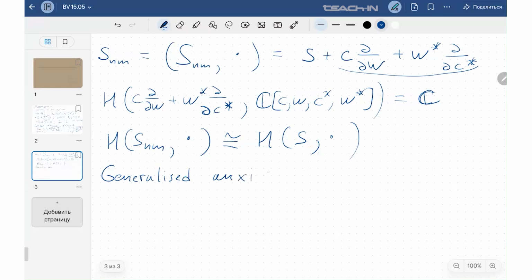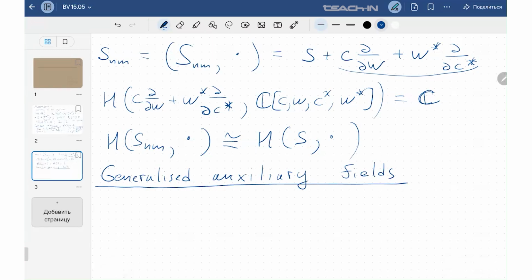Why generalized? Because first of all, these are like auxiliary fields in BV formalism, so they are auxiliary fields for the master action in a certain sense. But they correspond not only to auxiliary fields of the underlying classical action, but also to pure gauge variables or trivial reducibility relations, things like this.